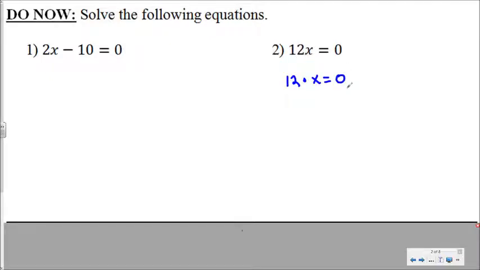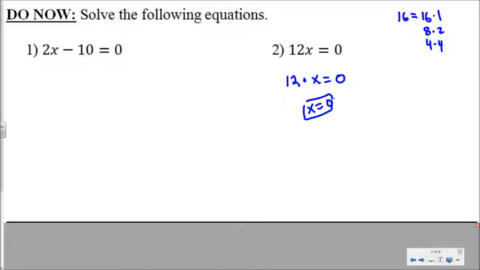Now 0 is very special, because unlike other numbers like 16, which can be represented in multiple ways as a product of 16 and 1, or 8 and 2, or 4 and 4, in order to arrive at 0, you must multiply by a value of 0. The only value which will multiply to 0 is 0. So I know that x must be 0, because 0 is the only number which will multiply to itself.